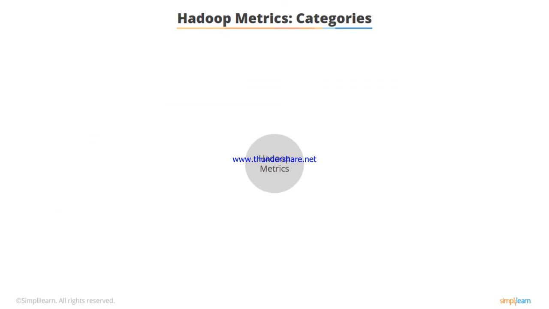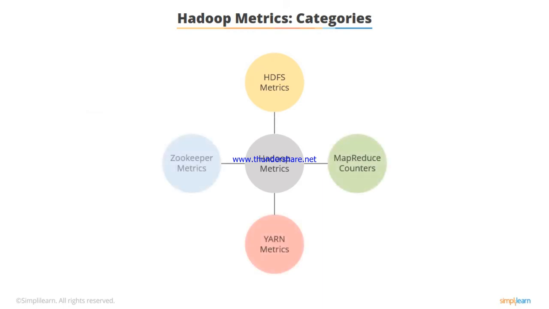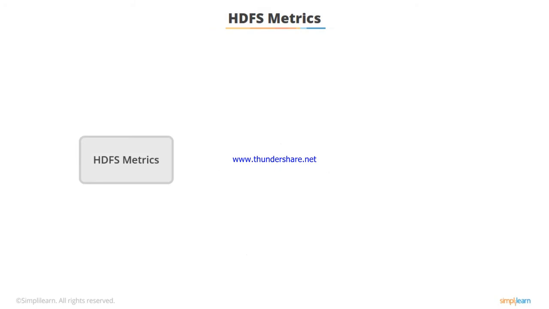Hadoop metrics can be categorized into the following: HDFS metrics, MapReduce counters, YARN metrics, ZooKeeper metrics. Let's learn about the different categories in detail. HDFS metrics can be further dissected into the following. NameNode metrics. NameNode metrics report metrics on themselves and can do the same for DataNodes.